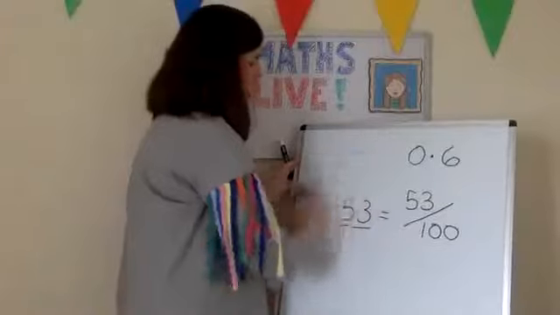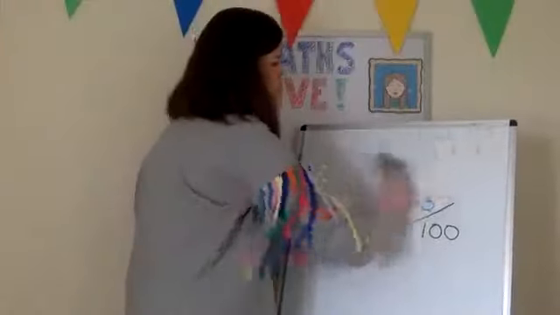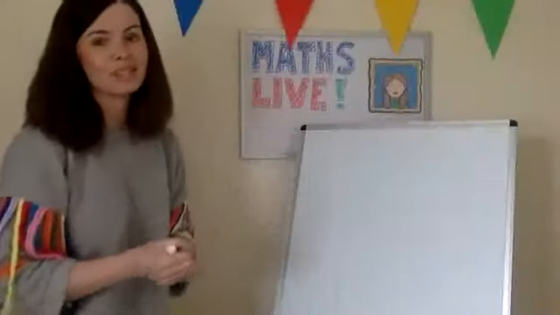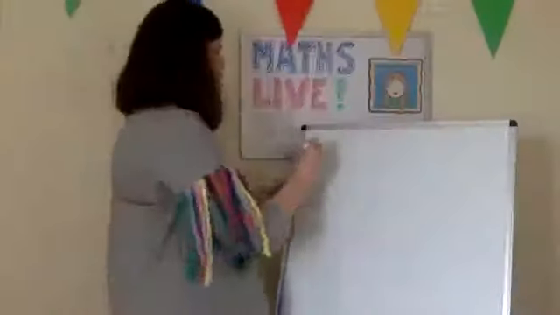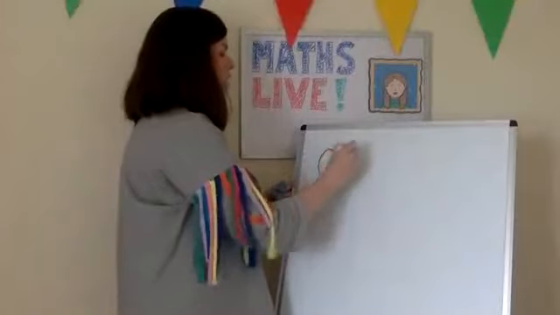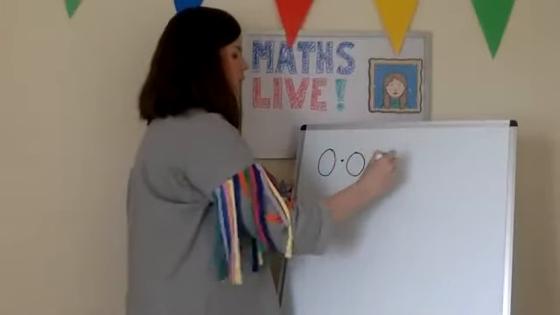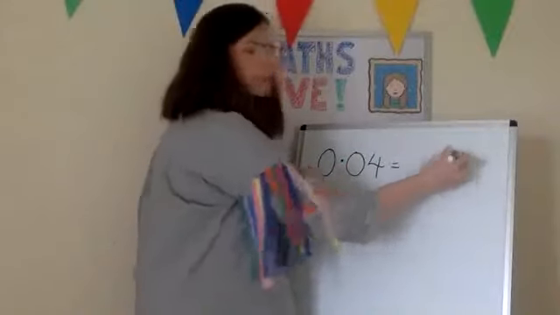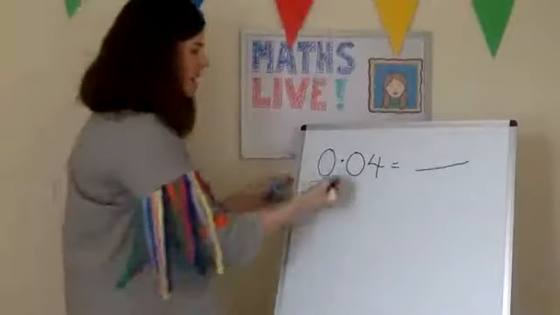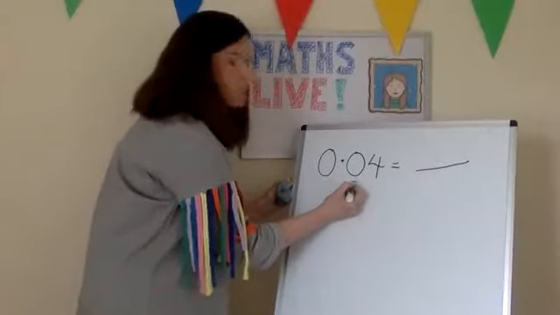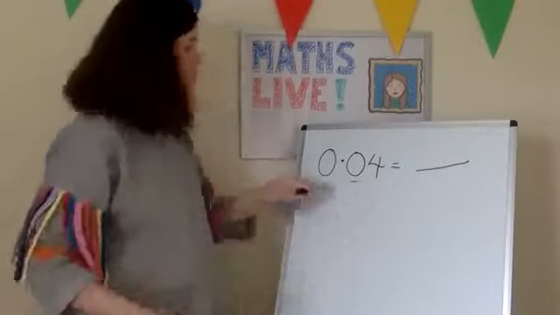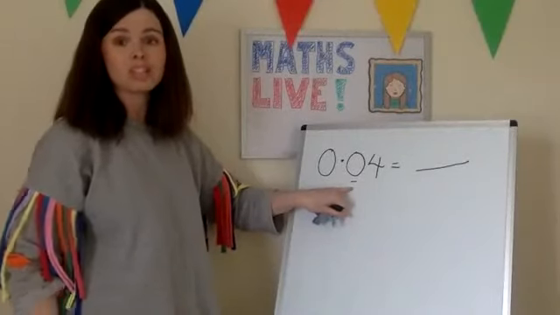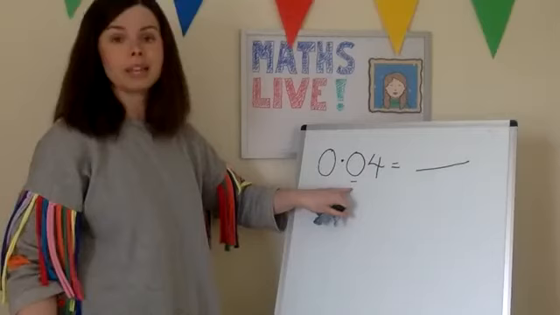Now, there was some people saying, what? There was one more challenge question, Steph. Why have we not done the third one? Because it's always a little bit trickier, the third one. The third one was 0.04, and I'd like that as a fraction. So, as you can see, it has gone into the tenths. Even though that's a 0, remember, even though 0 as a digit means nothing, it's still a placeholder.